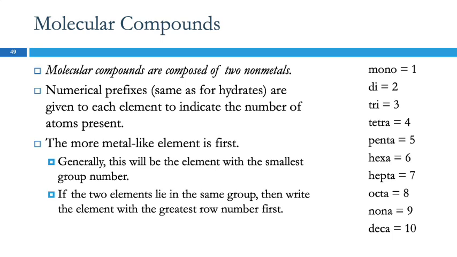So let's remember that molecular compounds in Chem 1A are composed of 2 nonmetals. We're going to list the more metal-like element first and the less metal-like element second.